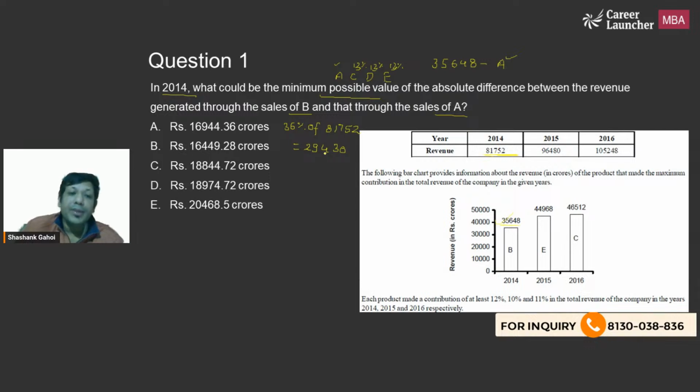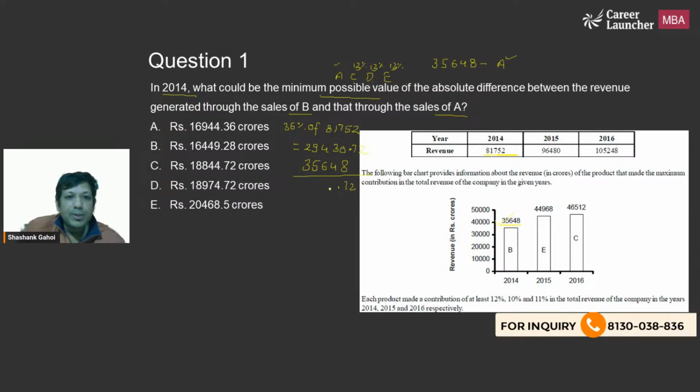Okay. Then, so B has generated this much revenue. Oh, nice. Okay, so Kushagra and Shubhra, stay with me. B has generated 35,648. So what is the total revenue generated by B, C, D, E? So this sum comes out to be how much?